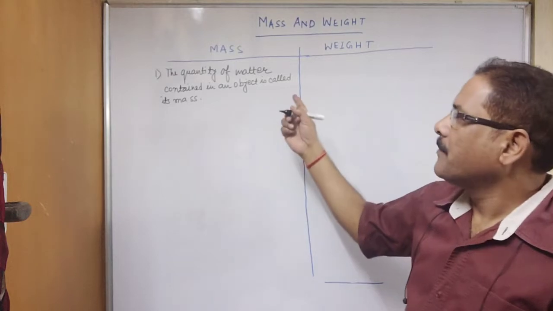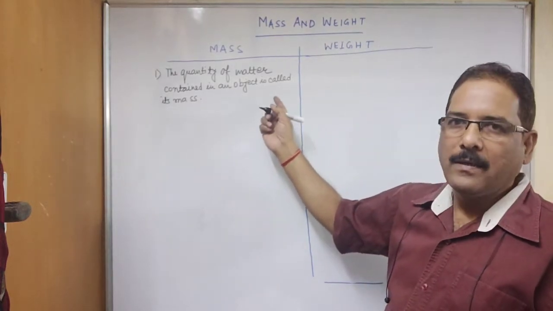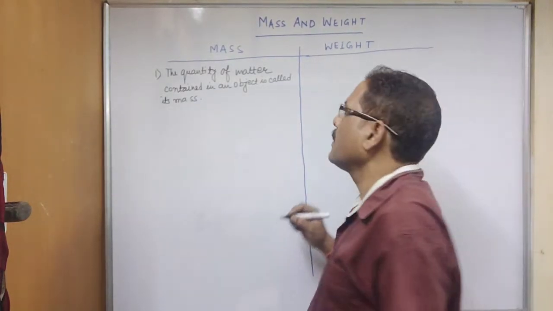The quantity of matter contained in an object is called its mass.